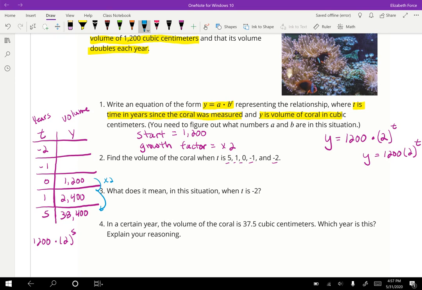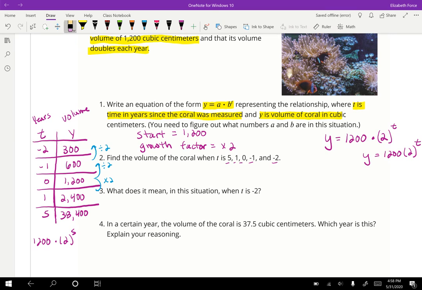So if I want to reverse my table of values, I'm actually going to divide that previous number by 2. So if I take half of 1,200, I'm going to end up with 600 here. Let's go ahead and reverse it again. Take half of that, or divide by 2, and you're going to end up with 300.